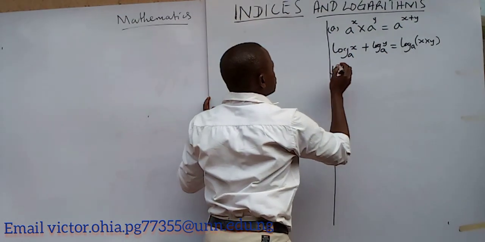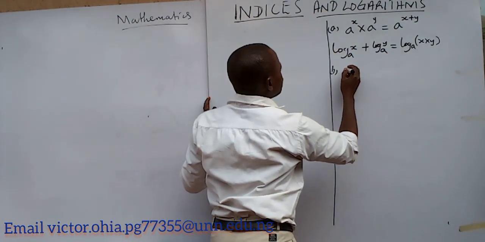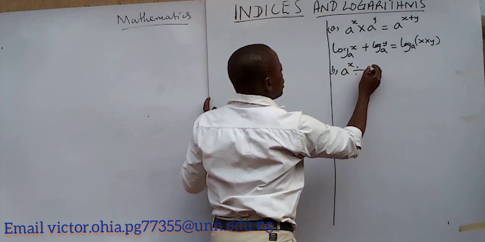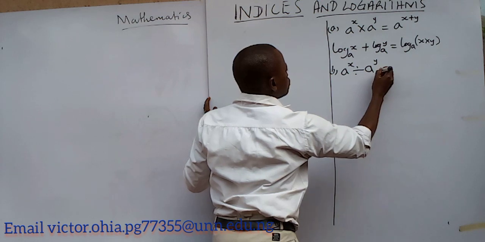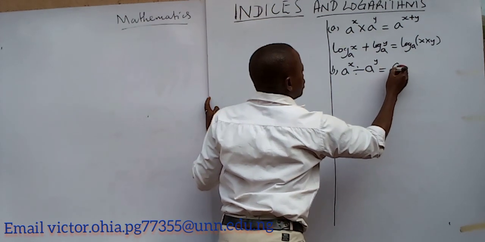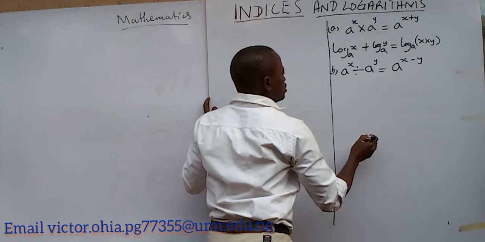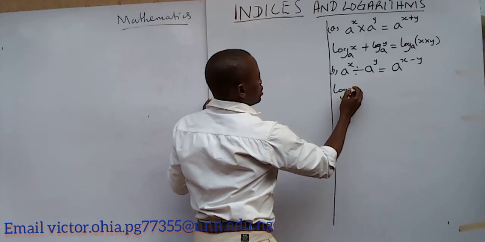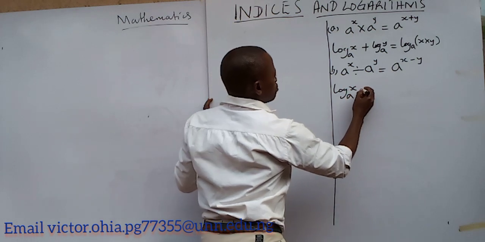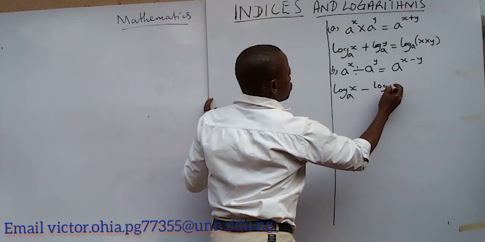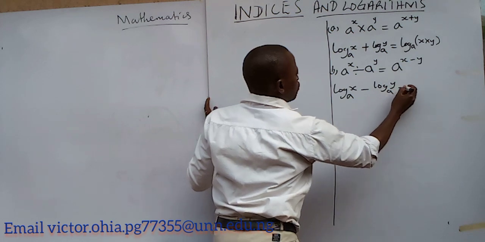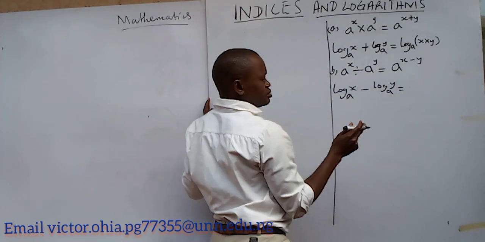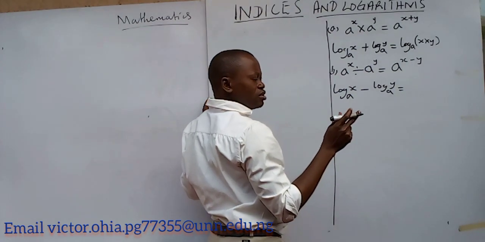Next, in indices, if you have a raised to power x divided by a raised to power y, we subtract their powers and have a raised to power x minus y. Then in logarithm, if you have log x in base a minus log y in base a, what you do is divide the numbers.